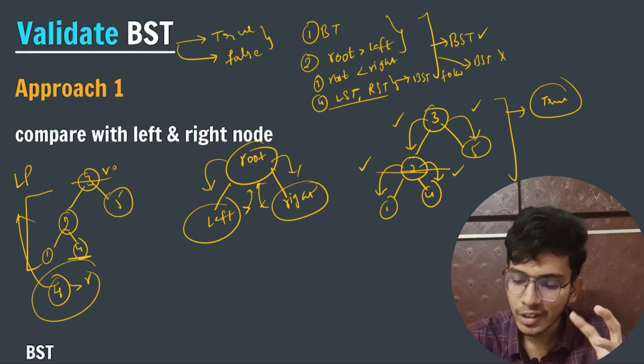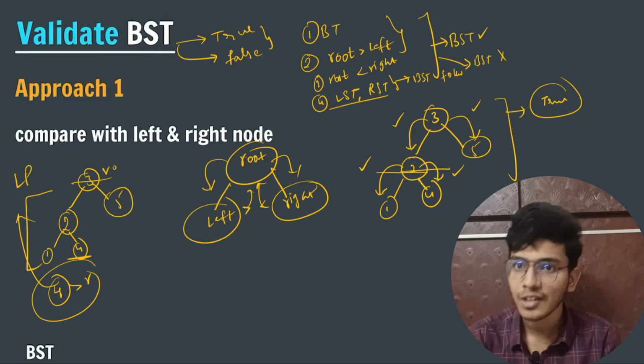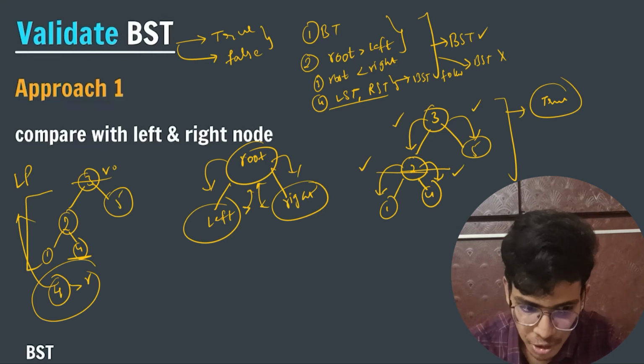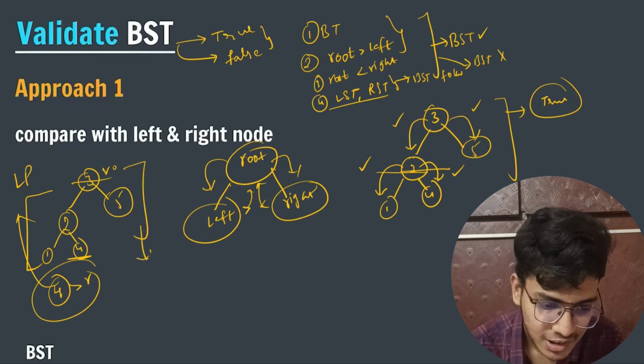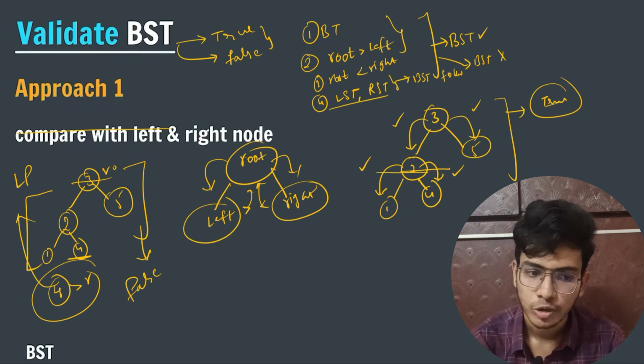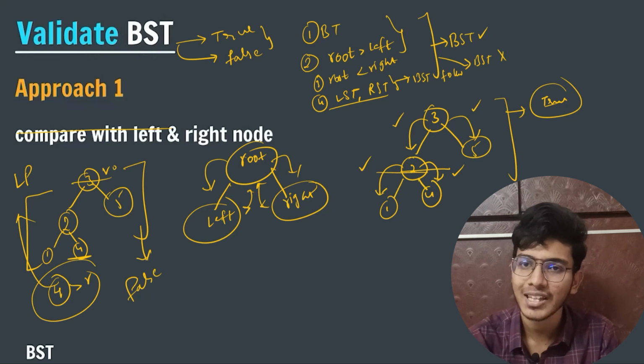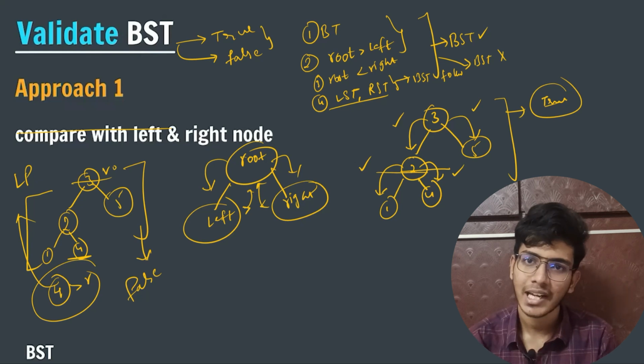It means that there is a node lying on the left side which is greater than the root node, so this should return me false. But my approach 1 is giving me true. Approach 1 will solve some questions, but for this basic example it is giving me the wrong answer. So approach 1 has failed.